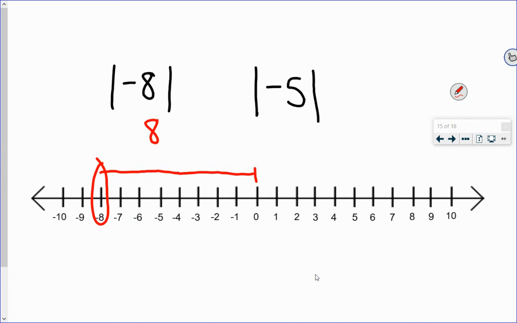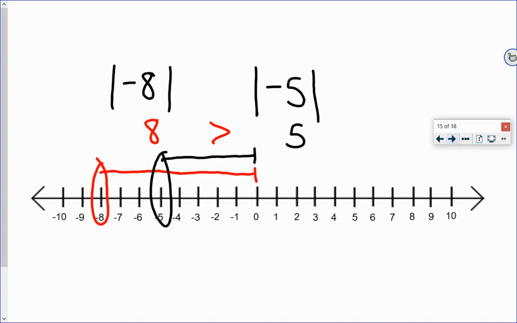All right, what about from 0 to -5? 1, 2, 3, 4, 5. The distance from 0 to -5 is 5. And we know that 8 is a greater distance than 5, so 8 is larger than 5. Okay. Remember, we're comparing the distances. When we do absolute value, we're comparing the distance of one number from 0 to another number from 0.